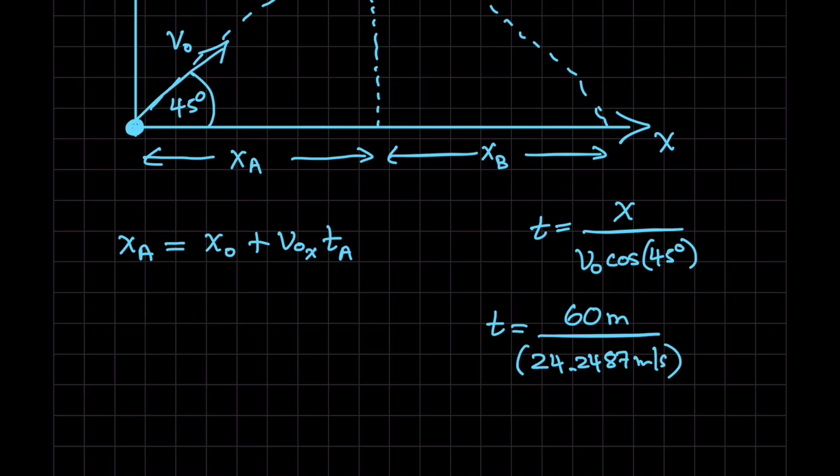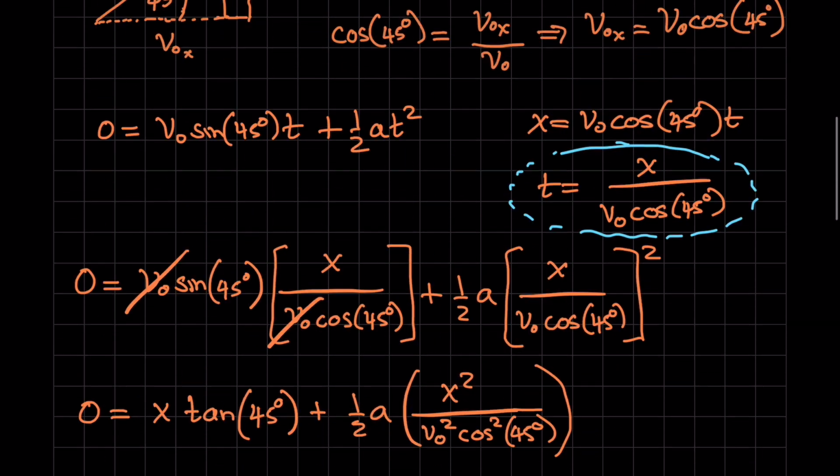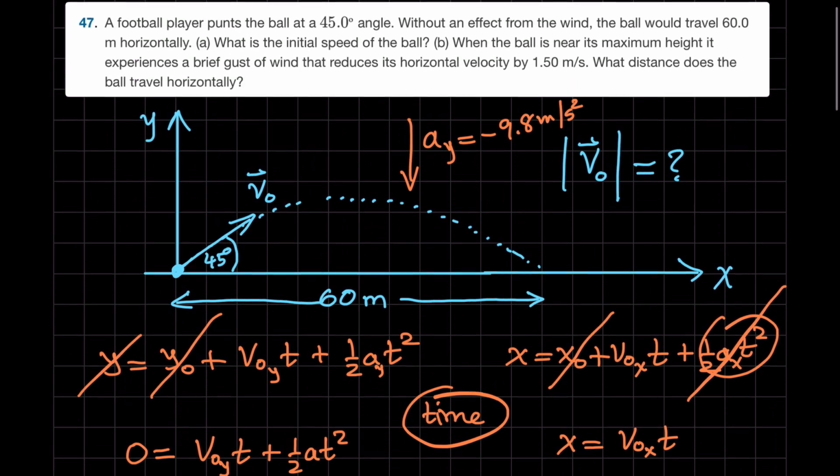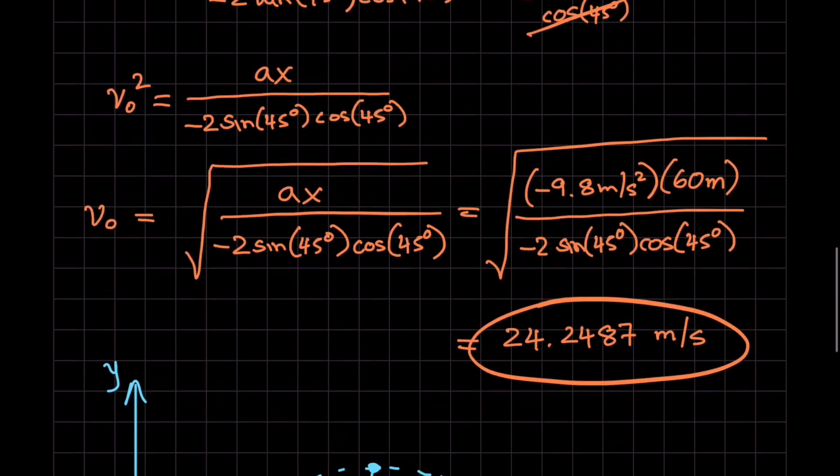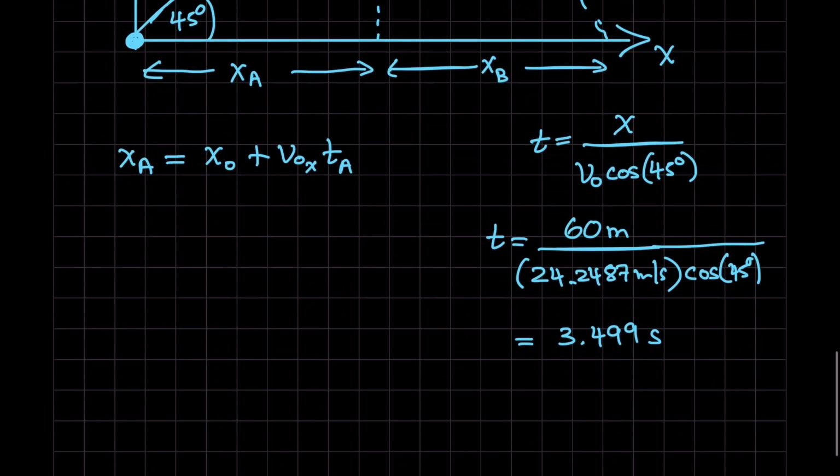I'm trying to put in the number for v naught, the initial velocity that we found in the first part of the problem, times cosine of 45 degrees, right? So if we put this in, we'll get 3.499 seconds. So that initial, no, there's no wind. How long did the ball travel through the air? Well, that would have been just about 3.5 seconds.